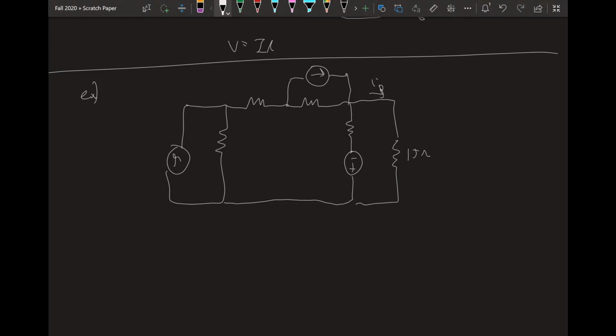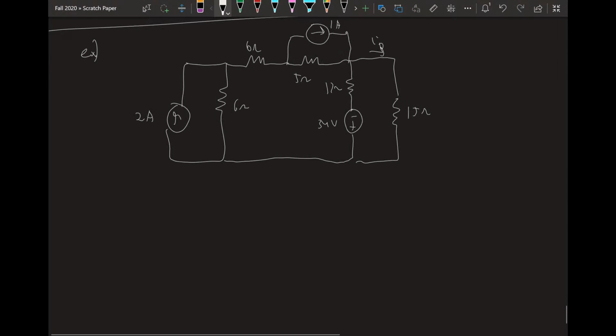Here is a 15 ohm resistor, a 17 ohm resistor, 34 volts, 34 volts, 5 ohms, 1 amp, 6 ohms, 6 ohms, and 2 amps. Okay.